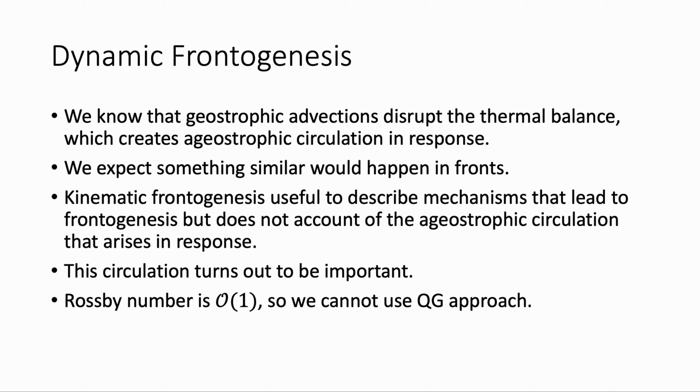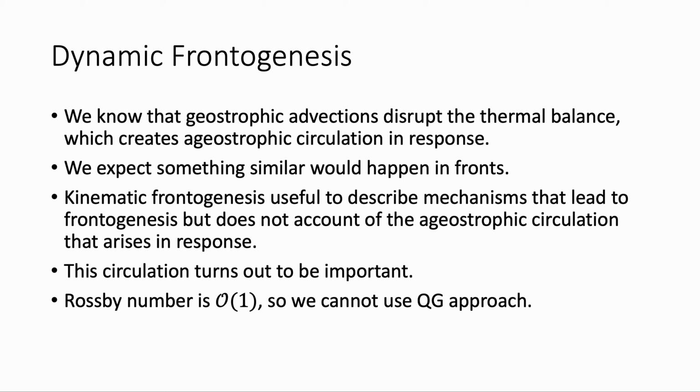But then thermal wind balance, for arguments similar to what we had discussed back when we talked about the QG approximation, will likely get disrupted, and in order for this balance to be restored, an ageostrophic circulation will have to be formed. So something very similar happens with fronts, and so fronts are areas of substantial ageostrophic circulation.